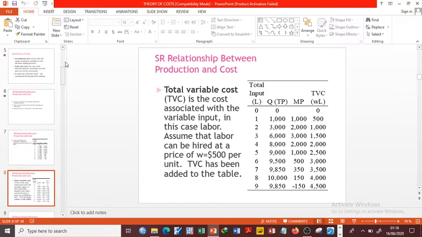In the short run, we have fixed costs and variable costs. But in this particular case, we are assuming that the fixed cost is 0. Therefore, we are only considering the variable cost, which is the total variable cost, which is labor.